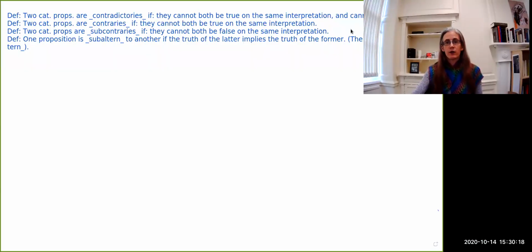But what we showed at the end of the previous video was that if you fix the categorical terms x and y, then the same proposition with either the E copula or the I copula, that pair are going to stand in the contradictory relation. So let me bring up my handy dandy whiteboard, so that you've got the definitions up there in case you need a brief refresher.